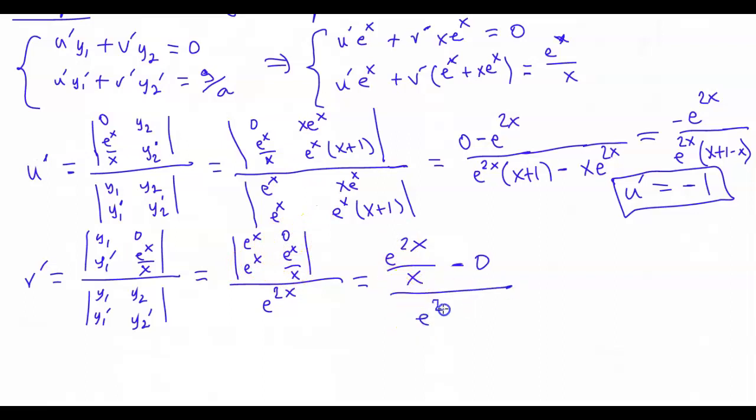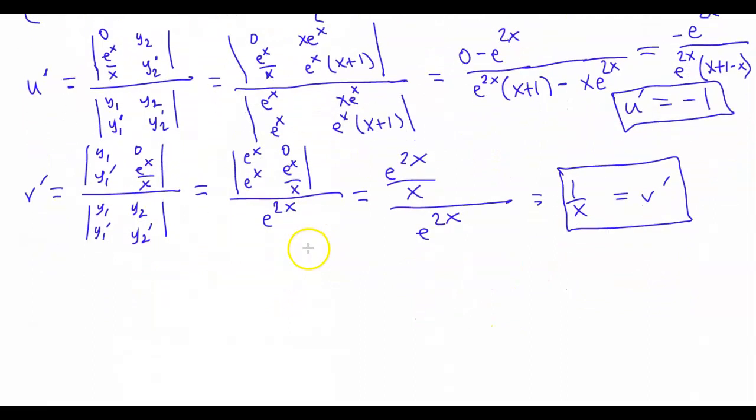All that over e raised to the 2x. And of course, we can just get rid of this minus 0 here. Then, of course, what that reduces to is just 1 divided by x. So we see here that our v prime ends up being this.